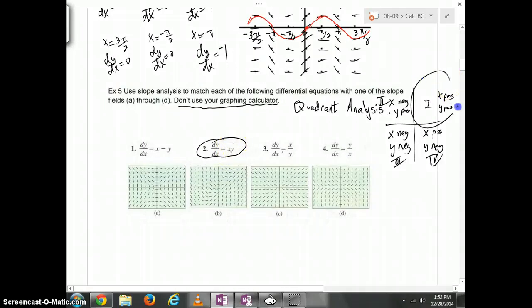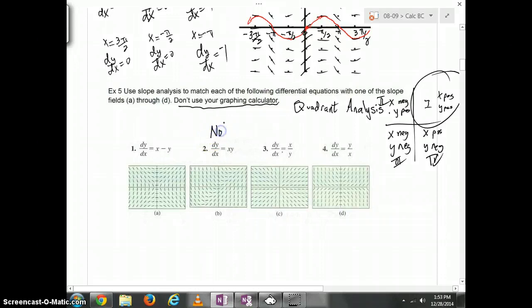In the first quadrant, x and y would both be positive. So we could look through all these choices and say, well, look, positive x values times positive y values should get something positive. Every slope in the first quadrant should be positive. Now, if I were to just look through the A, B, C, and D, I can see that answer choice B actually has some negative slopes.